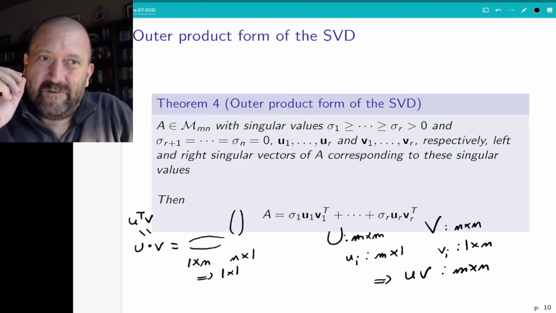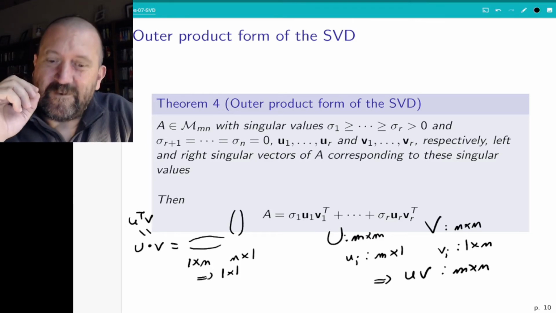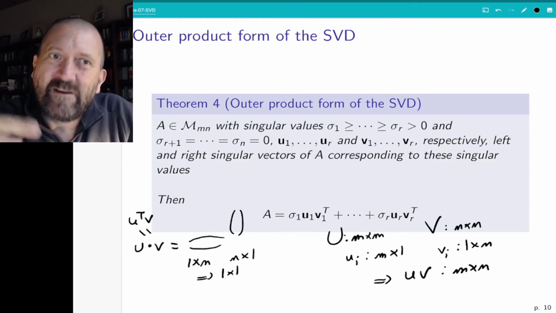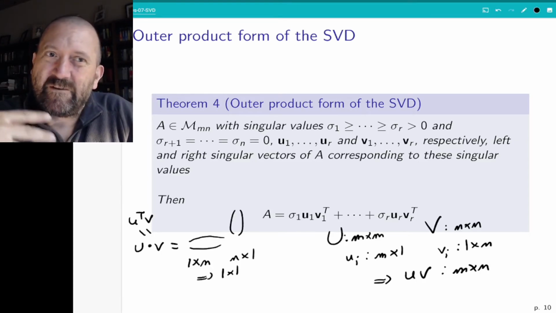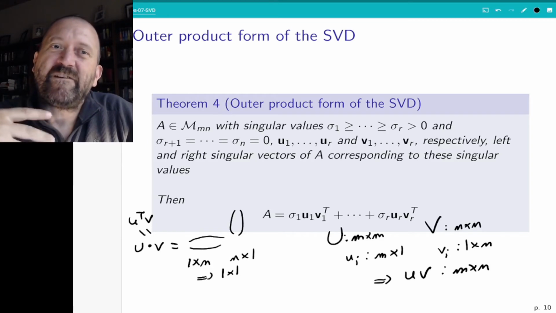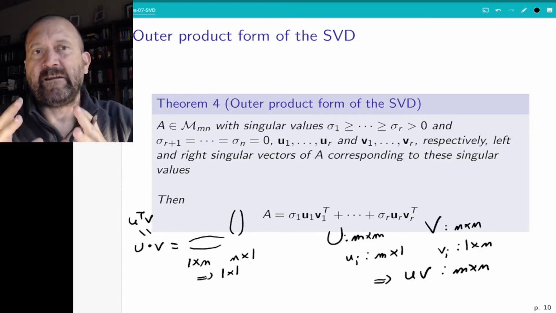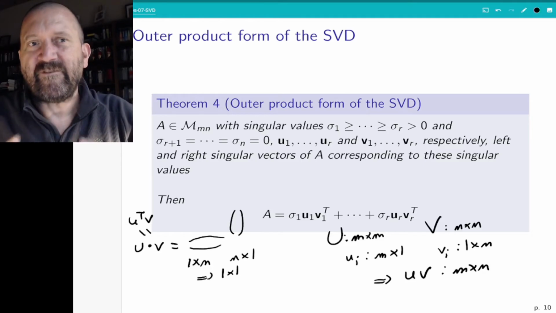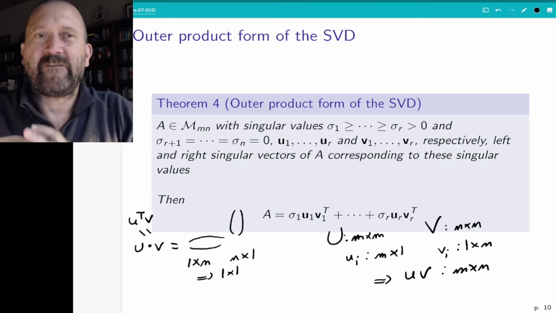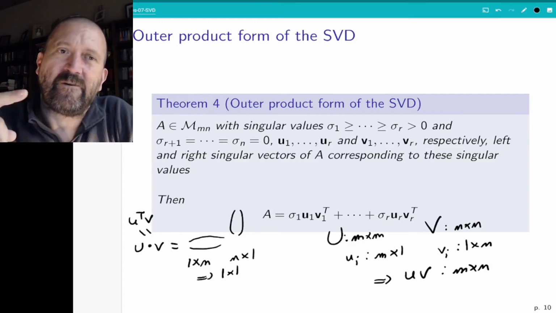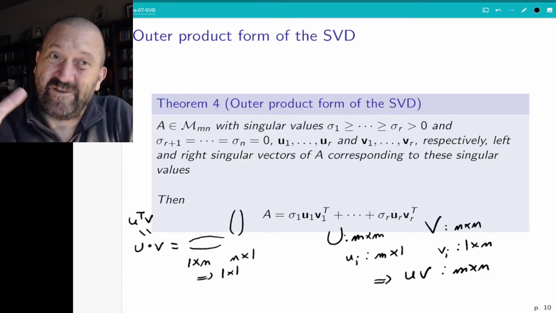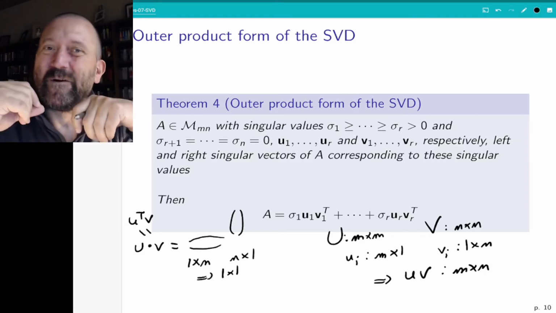So this is very, very nice because it tells me that I can recompose my matrix A by considering only the information carried by the vectors, the left and right singular vectors, corresponding to the singular values that are non-zero. Okay, so if you think about it, this is very cool.